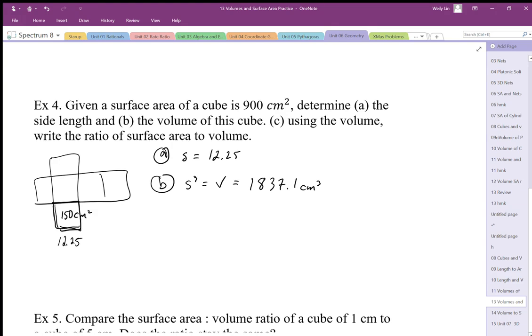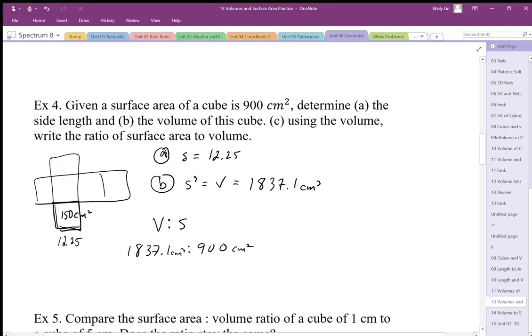The last part is something new. This volume to surface area ratio. Okay, the volume to surface area ratio is just a ratio where we compare the volume, 1837.1, to the surface area of 900. Okay, so this is centimeters cubed to centimeters squared.